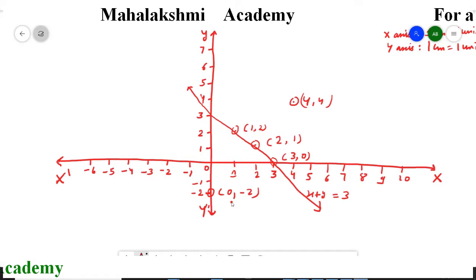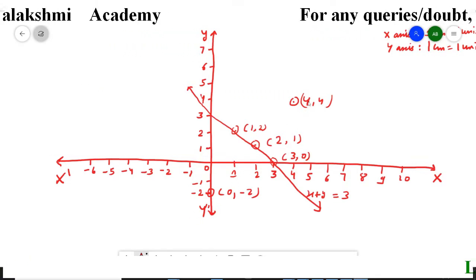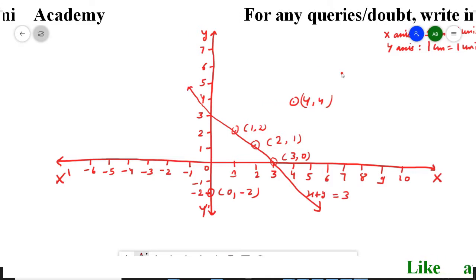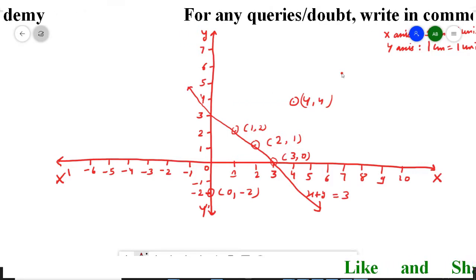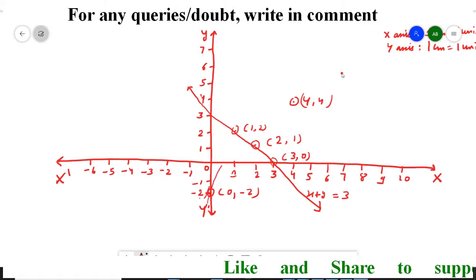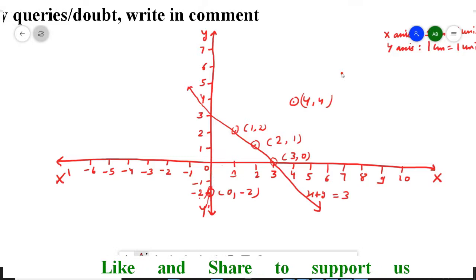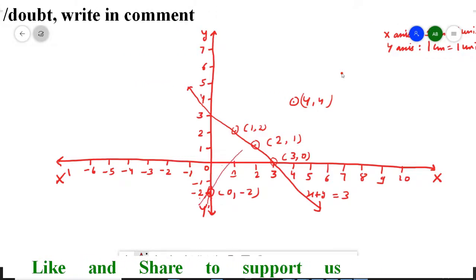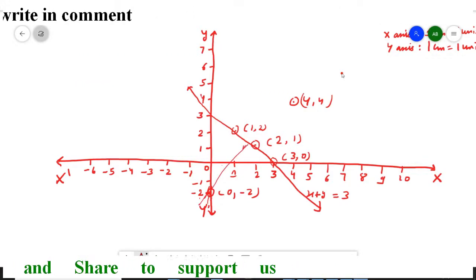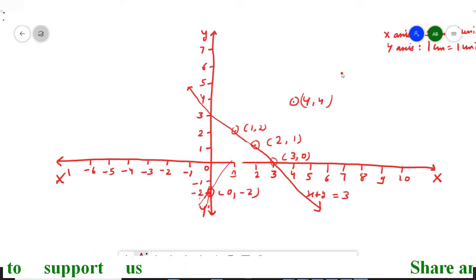Now all the 3 points. So where are the 3 points? This one and this one and this one. We'll join them. When we join it, it's going to be like this. You all just try with the scale, it will come very neatly.